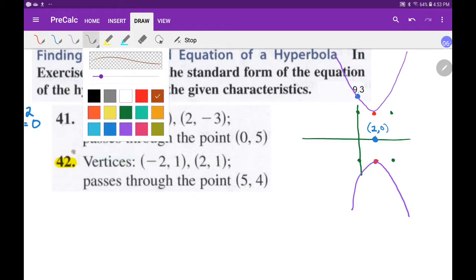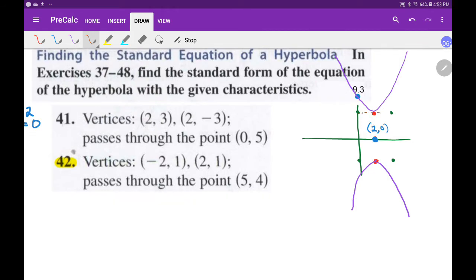Let's try this one. I'd set this up like this, and I'd say, okay, here are my asymptotes. I didn't draw it according to this. This is not too beautiful here. I'm sorry about that.